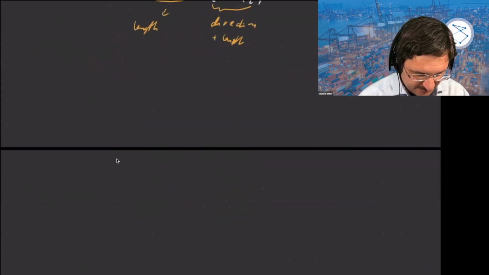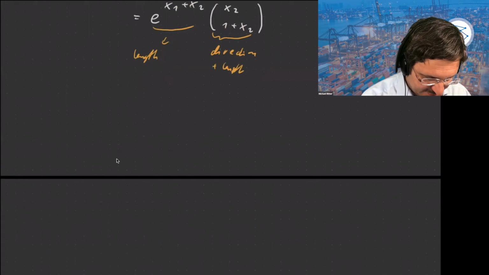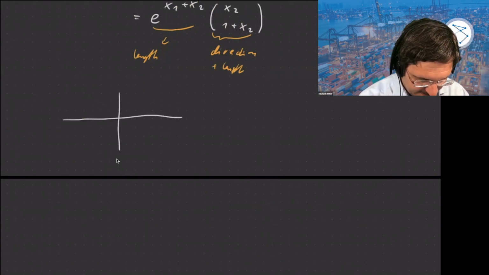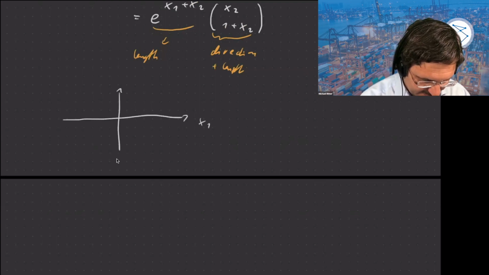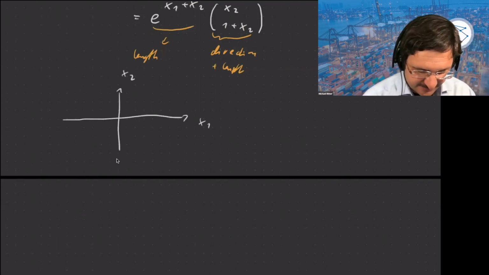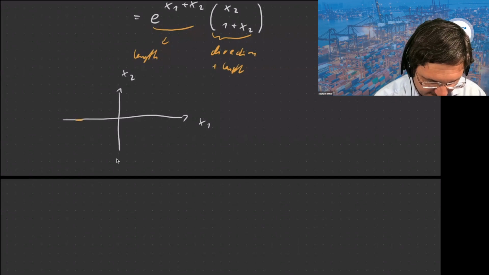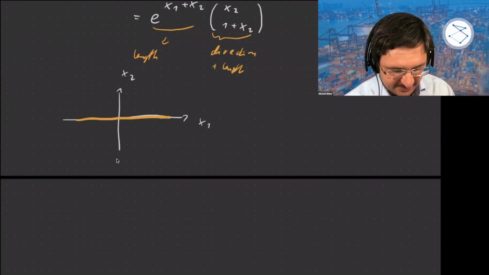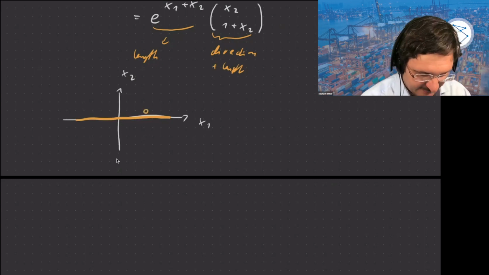So there's a very quick sketch here. We can immediately say that for x2 equals 0, the value of f will be 0. So here's undoubtedly a level set, and that level is 0.